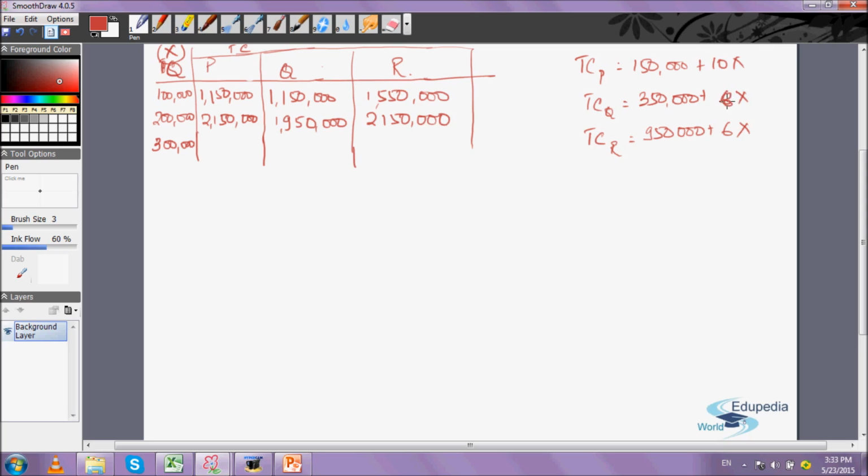When we do that, we'll get the value of Q equals 2750000, and so will be the case with R, 2750000. And coming to the value at P at 300,000, this is going to be 3150000.